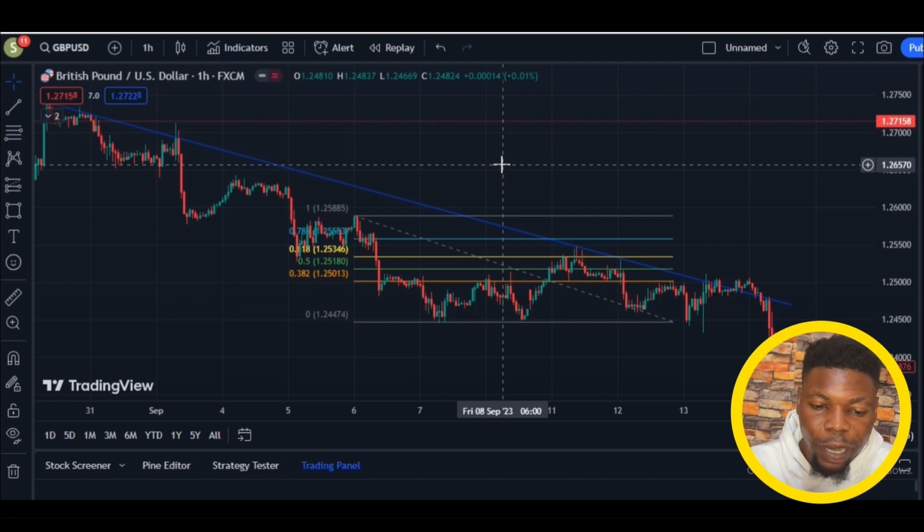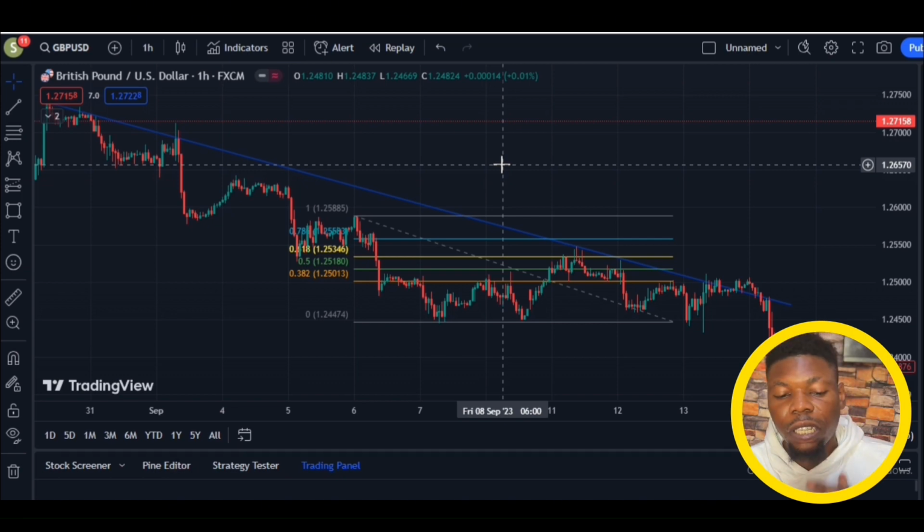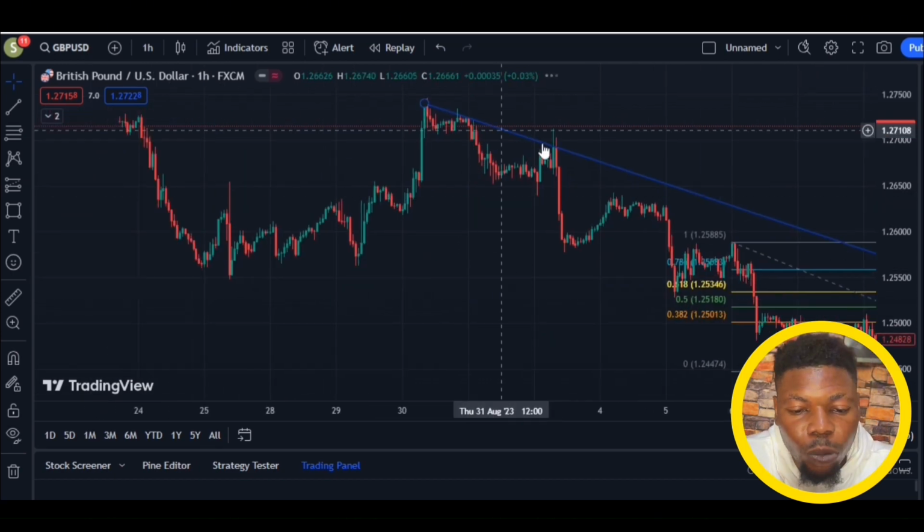Some people might be confused about how we determine which point to draw our Fib tool from. We are identifying where the market will retrace from, and we want that to be in confluence with the trend line. If you look at this, we had how many touches here? We had 1, 2.